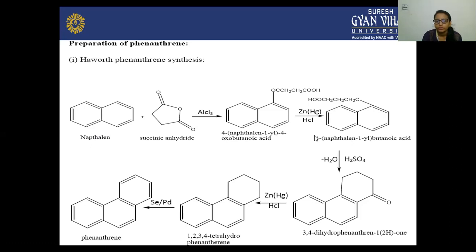After that, with zinc amalgam, another intermediate is formed. Then there is removal of water with H2SO4, forming 3,4-dihydrophenanthren-1(2H)-one. After that, again with zinc amalgam and HCl, tetrahydrophenanthrene is formed, and then with selenium and palladium, phenanthrene is formed.